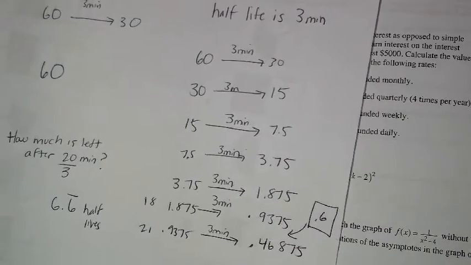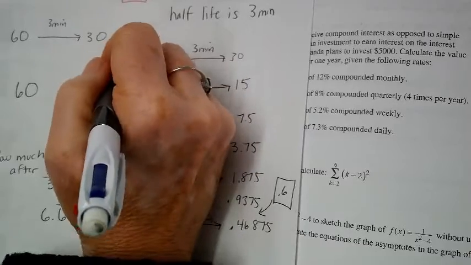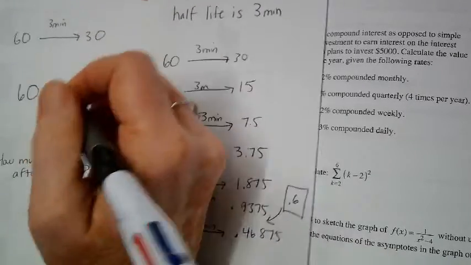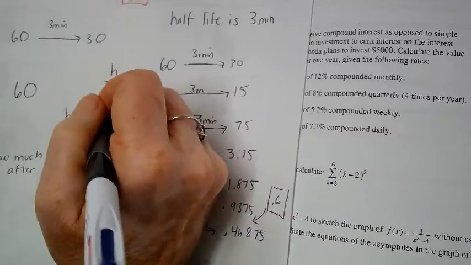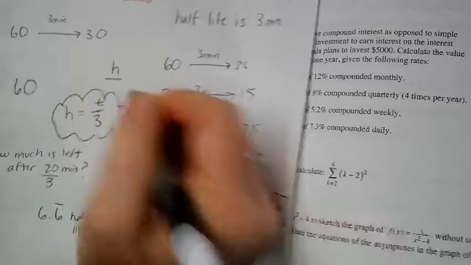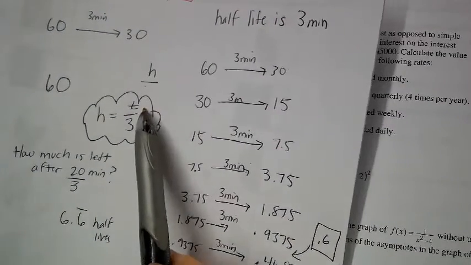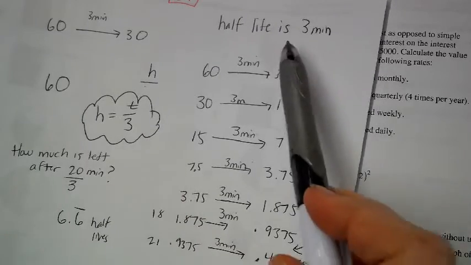So I could say I have a half-life every 3 minutes, if that makes sense. Because you put your time here, and the 3 came from a half-life being every 3 minutes.